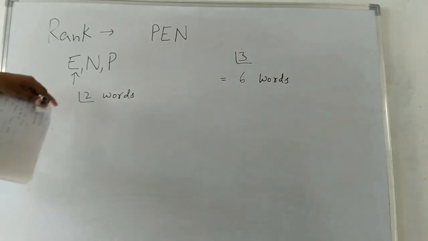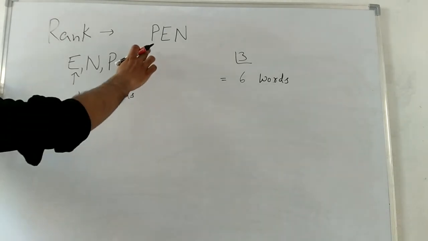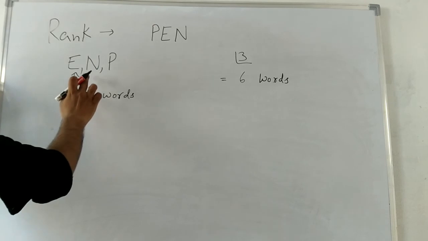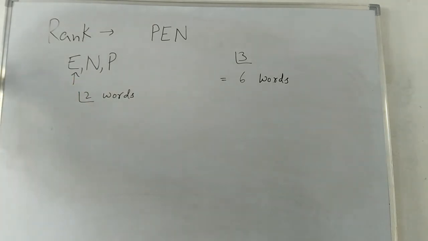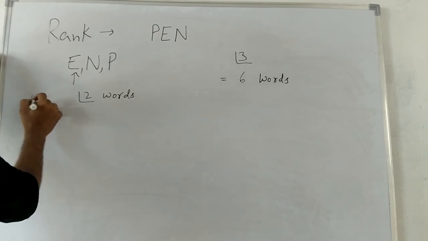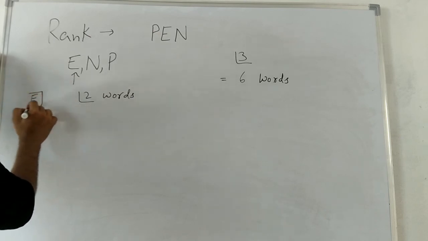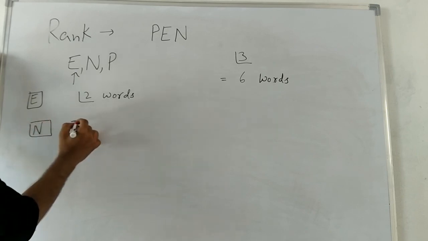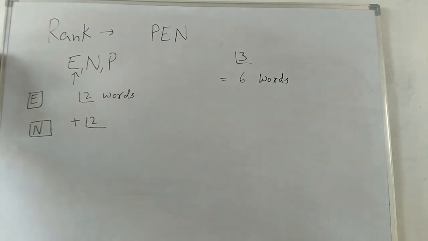Now going to the next letter, we have to find the words starting with N. Now adding plus factorial 2.